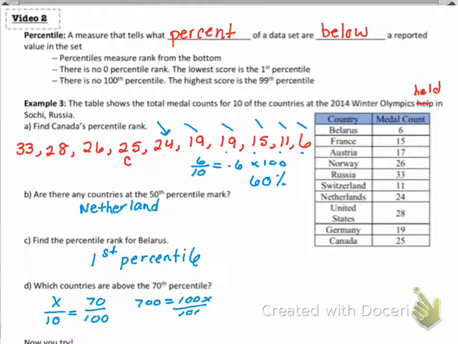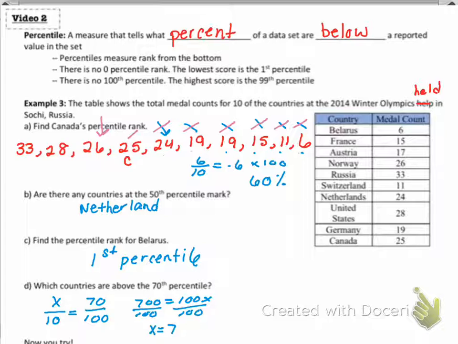Divide by 100, and I get x is 7. So I want to go back to my list and count, using a different color. Let's do pink. So 1, 2, 3, 4, 5, 6, 7. That puts me at 26. If these numbers had no background or meaning, 26 would be in the 70th percentile.